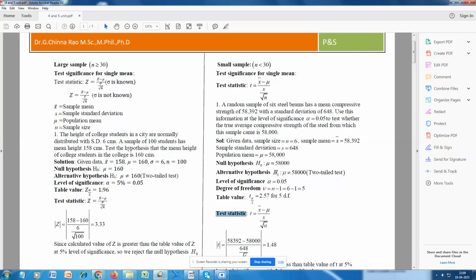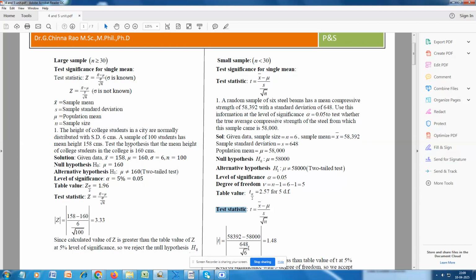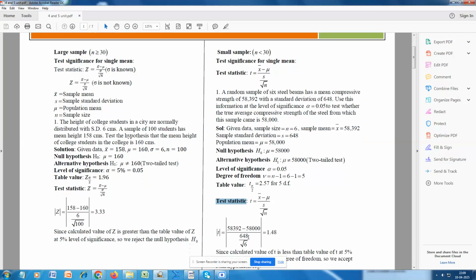The sample mean is 58,392, minus the population mean 58,000, divided by the sample standard deviation 648 by root n, where n is 6. Simplifying this, we get the final answer 1.48.